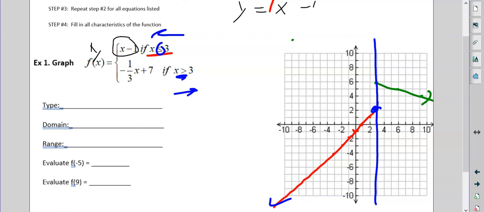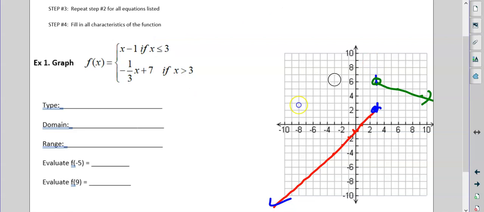And then also, at that line, we want a big old open dot. And that's our piecewise. Notice at 3, we have an open dot and a closed dot. So there's only one graph that includes 3. And that's piecewise.